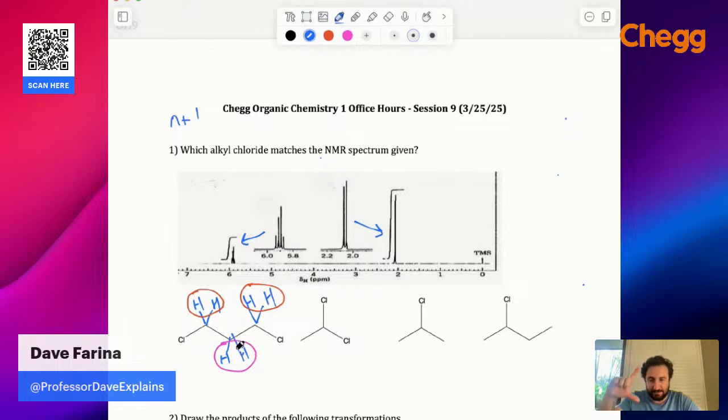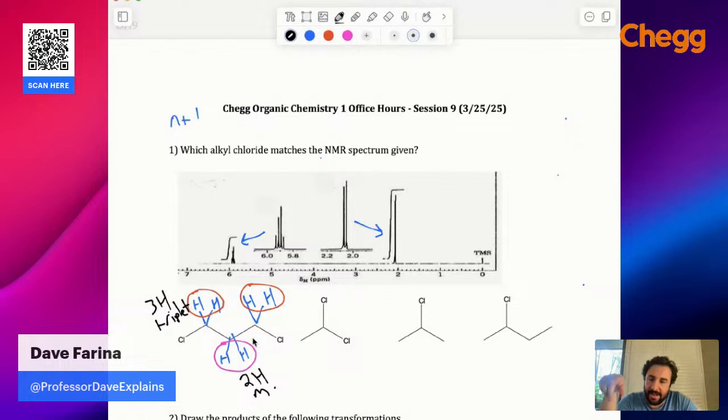We would expect to see a triplet integrated to 4, so let's call this a 4H triplet. And then over here, we would expect to see a quintet, or honestly, once splitting gives 5 or more peaks we just call it a multiplet, and we would expect that integrated to 2. So we're going to have a 2H multiplet.